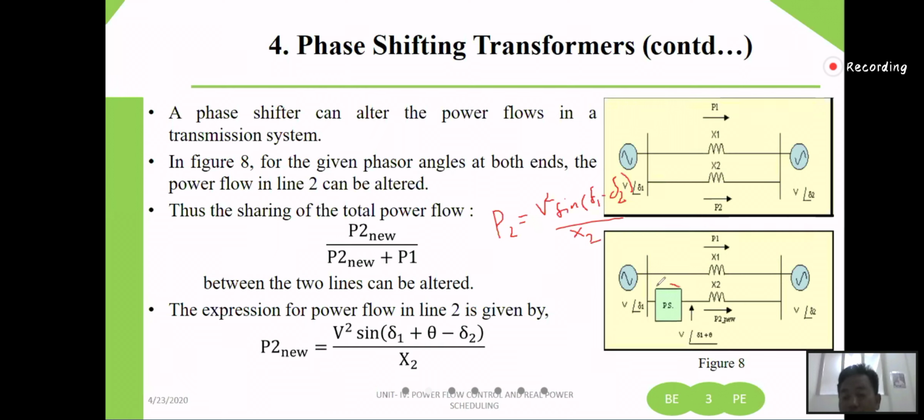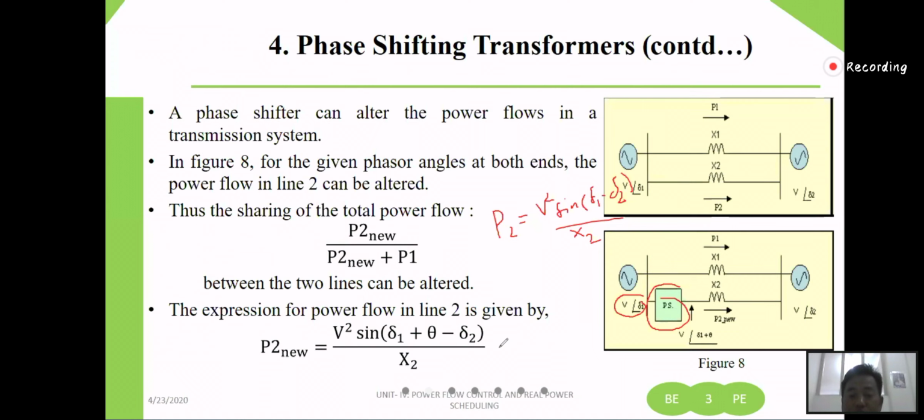But with introduction of the phase shifter, this power P2 new will be given by, and now here we cannot take this one because the sending end voltage through transmission line 2 has become V sine delta 1 plus theta. In such a case P2 new will be equal to, since the voltage magnitude remains the same, V square sine of delta 1 plus theta minus delta 2 divided by X2.